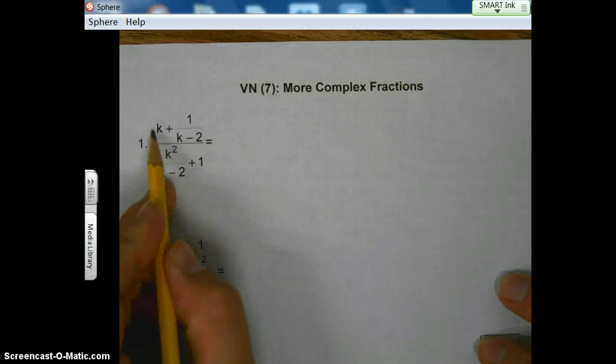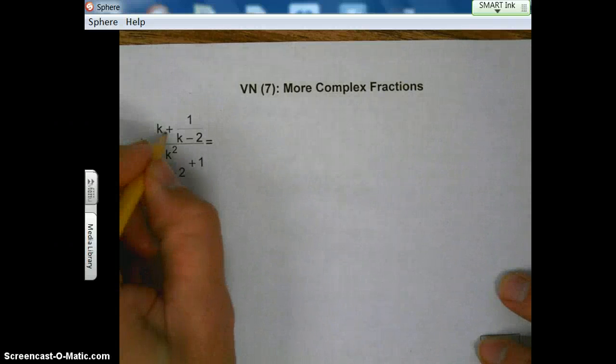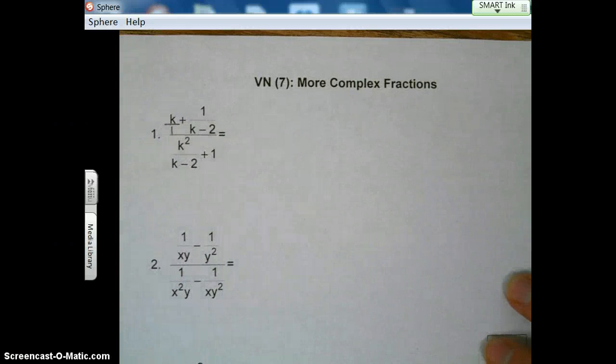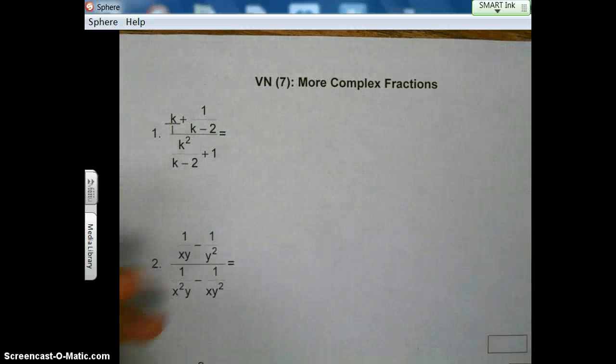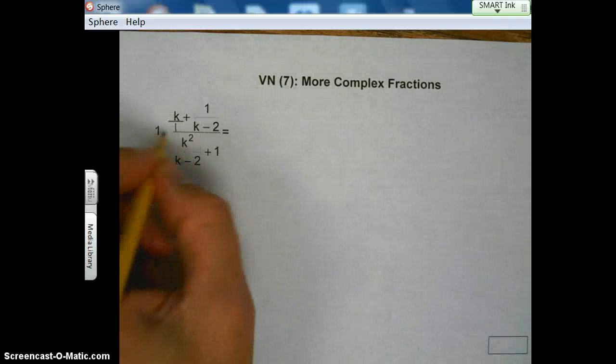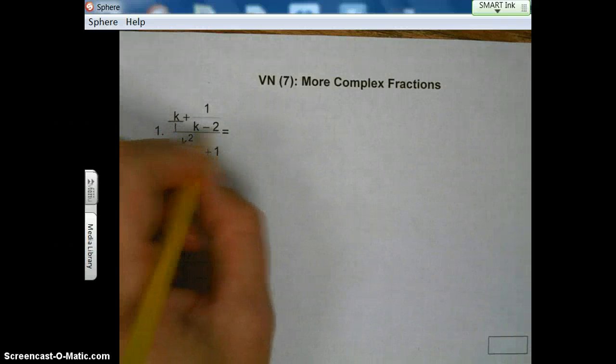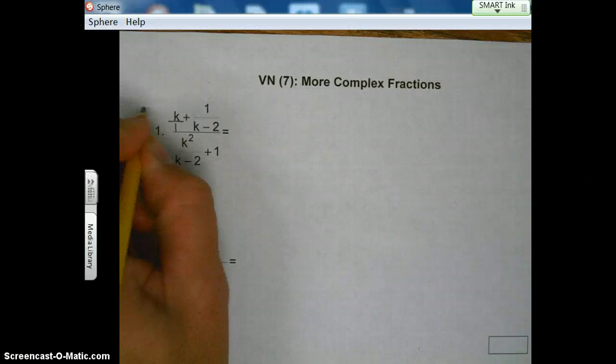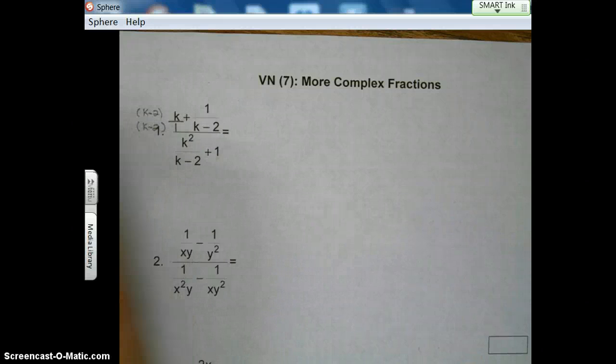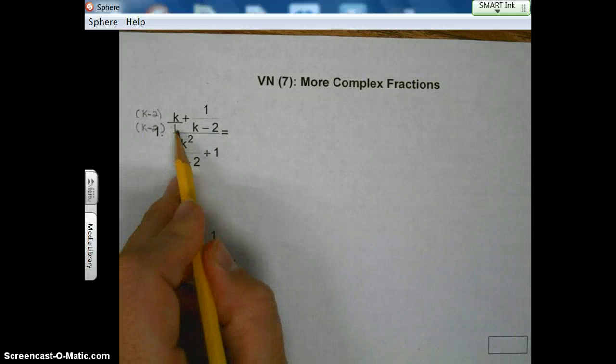We're adding fractions again, making a common denominator, so we put our k over 1. Okay, we need to get a common denominator, so we have a k minus 2 over here, so we're going to need a k minus 2 on this side. So k minus 2 times 1 is k minus 2.